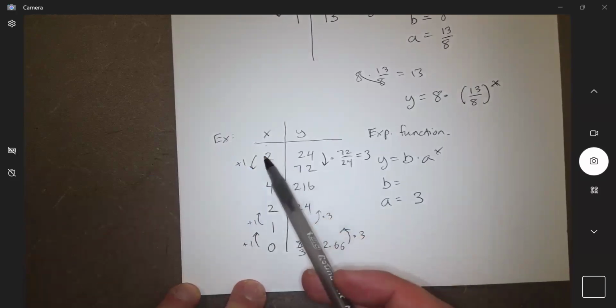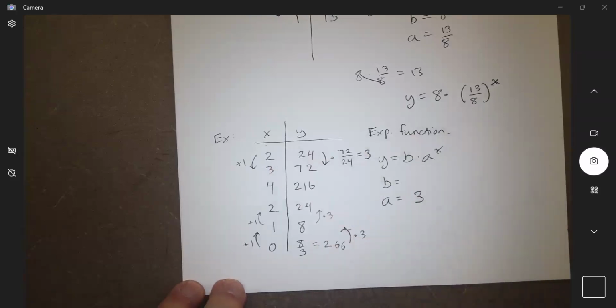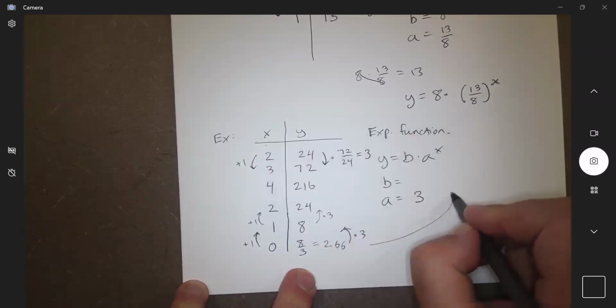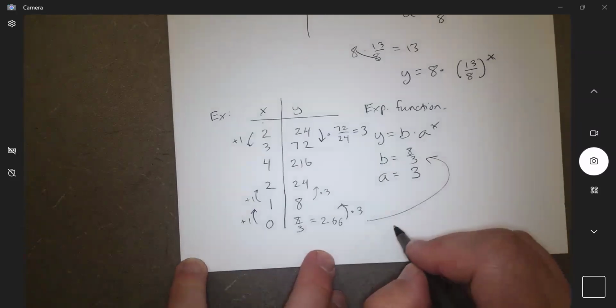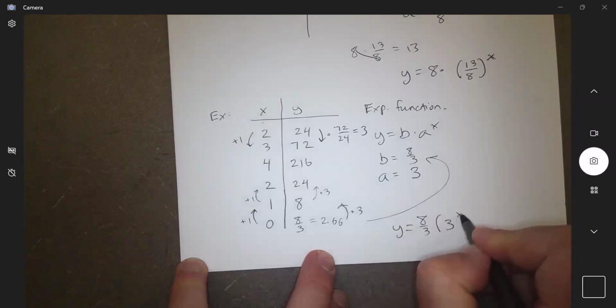All right, if I know what my y is when x is 2, and I know it changes by multiplication, I can work my way backwards to figure out what y is when x is 0. So b must be 8/3, and my formula must be y equals 8/3 times 3 to the x.